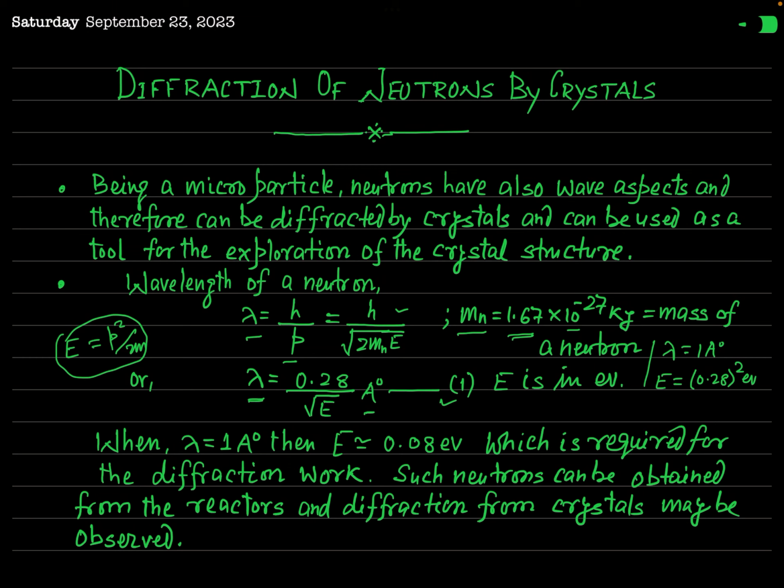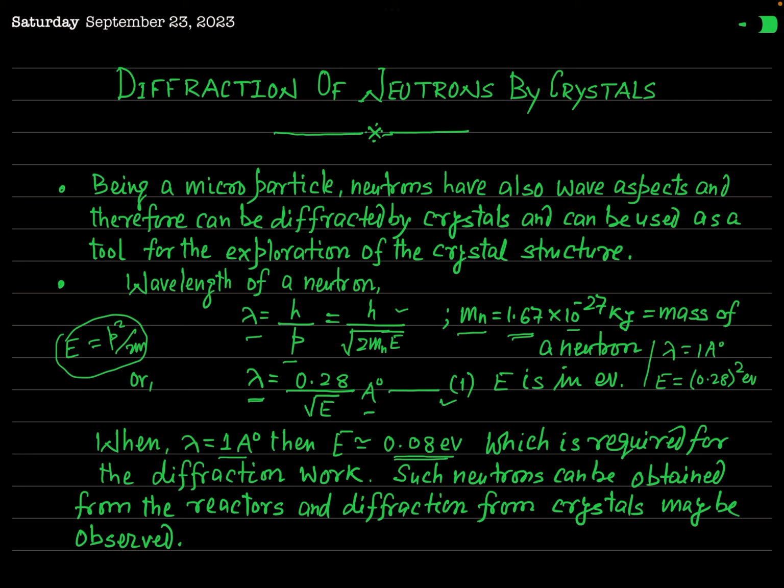Okay, and 0.28 squared will be almost equal to 0.08 electron volt. So you can say that when we take lambda equal to 1 angstrom, then the energy of the neutron will be 0.08 electron volt.